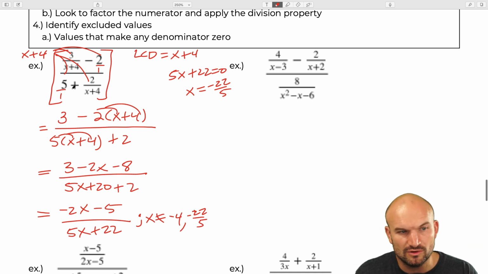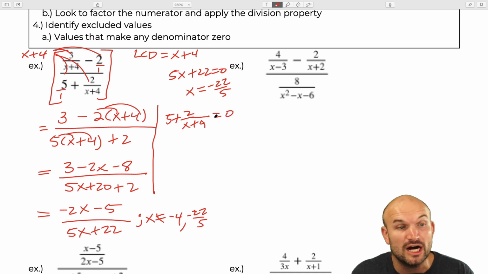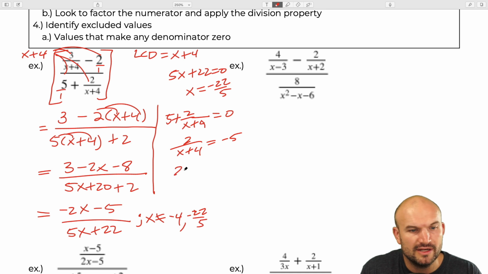And then what about this whole denominator up here? What about if you take the whole denominator and I have 5 plus 2 over x plus 4, right? Any values that make this 0 are going to be undefined as well. So when we do this, you'd have 2 over x plus 4 is equal to negative 5. And then you have 2 is equal to negative 5 times x plus 4.